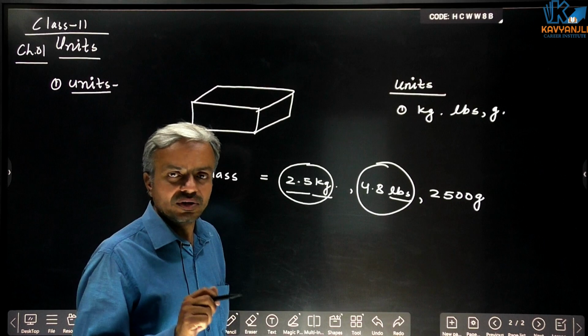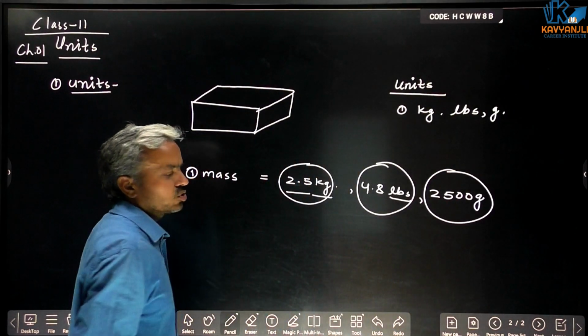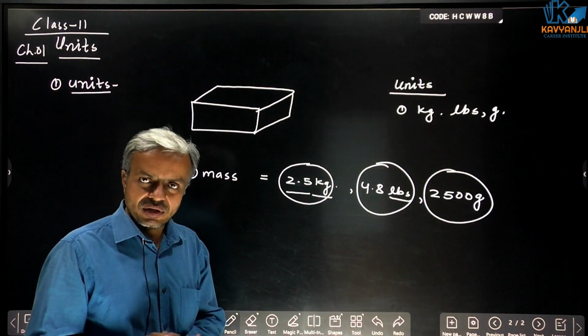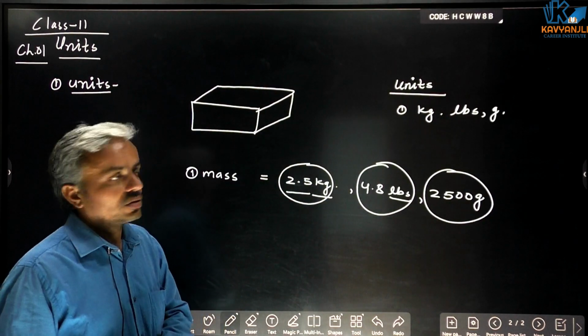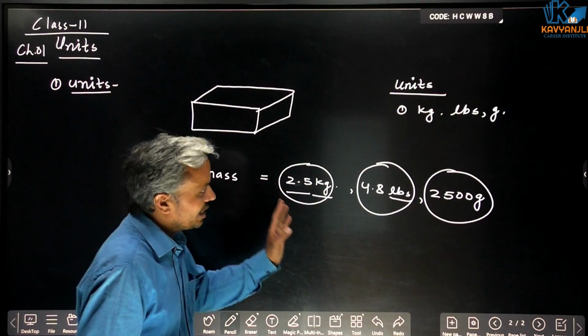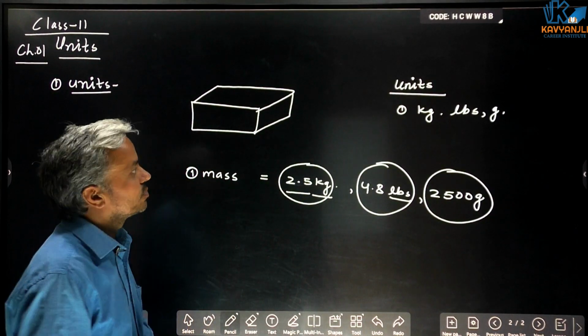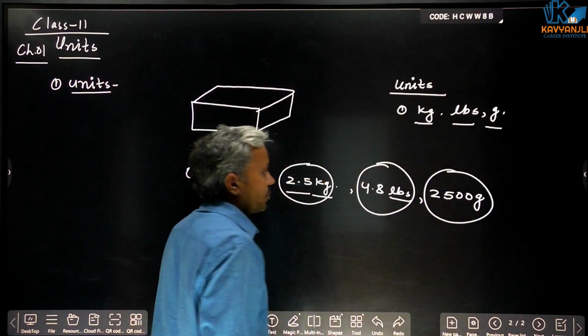Mass cannot be different, and this is also equal to the rest of them. So all three measurements are equal, but we have different numbers. So when the unit changes, the numerical number also changes. So units are kg, lbs and gram.